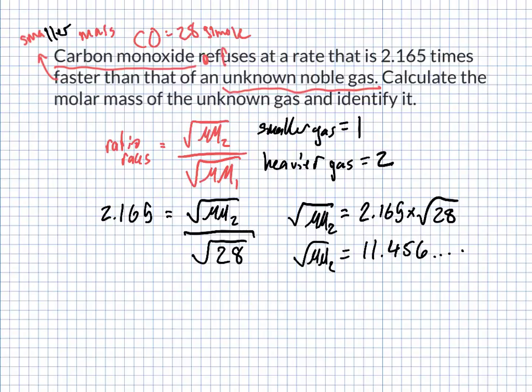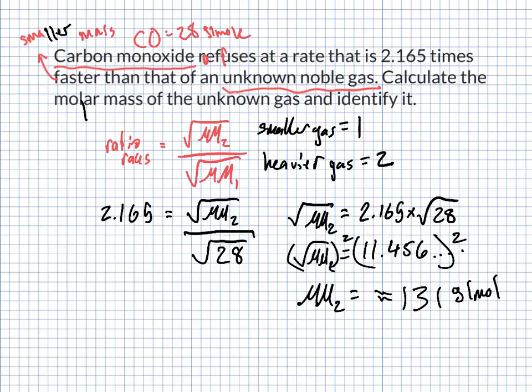So how do I just get the molar mass? Well, you simply square this value. You square both sides. And if I square both sides, I'm going to get approximately 131. So my molar mass is 131. How do I know what gas that is?